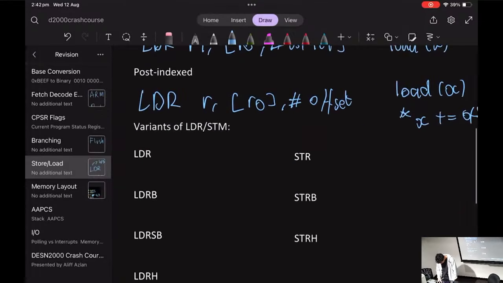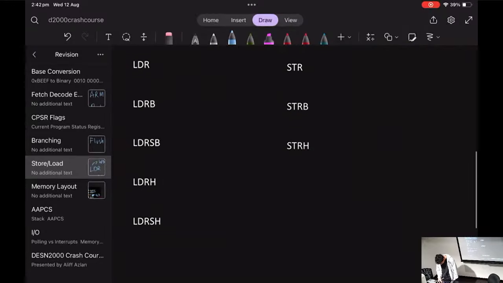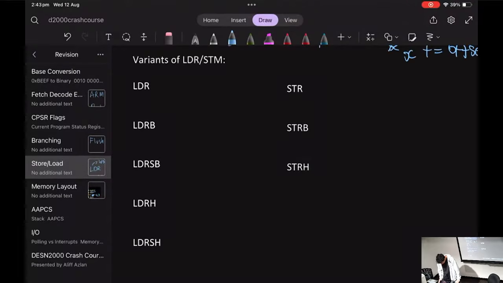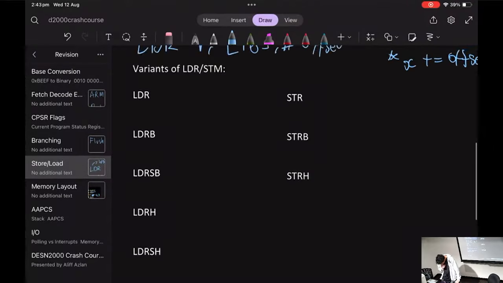Cool. Let's see, do we have time? All right. So these were the various variants of load and store. So obviously we had, by default, these were words. This stores a byte.